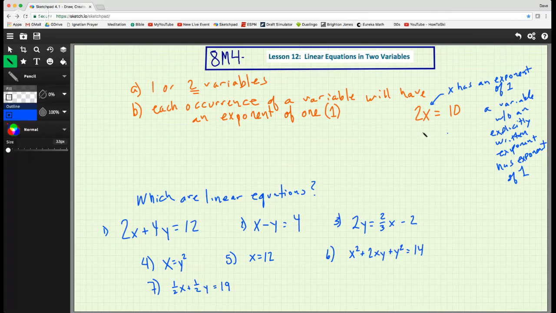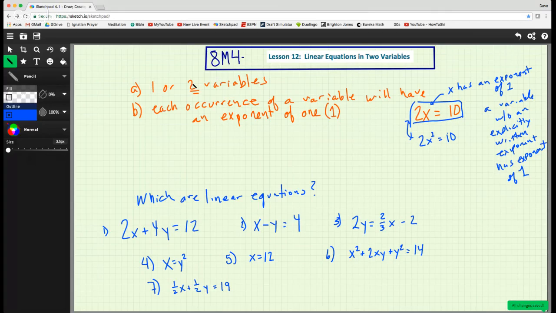So this is really the same thing as saying 2x to the first power equals 10. These are equivalent. But we as mathematicians like to keep things simple, so we have this special rule that if the exponent is 1, we simply don't write it. So this has an exponent of 1.